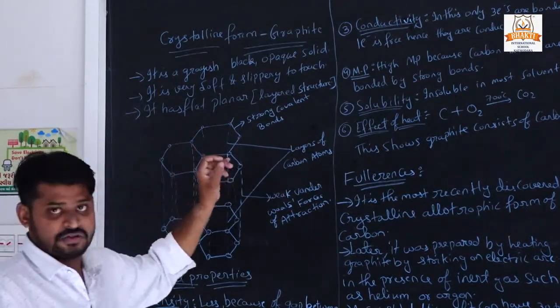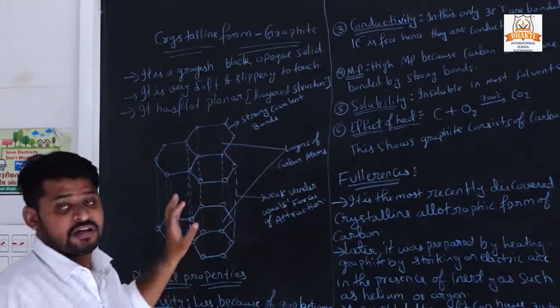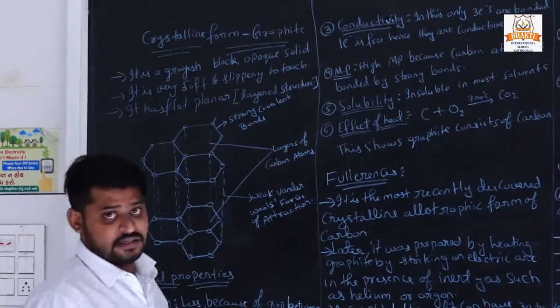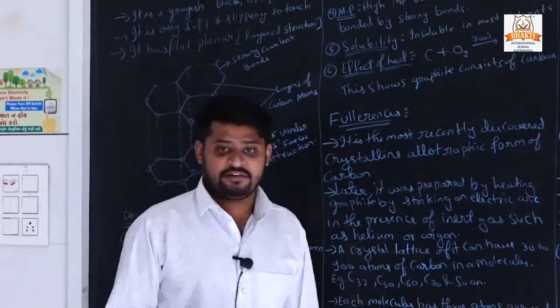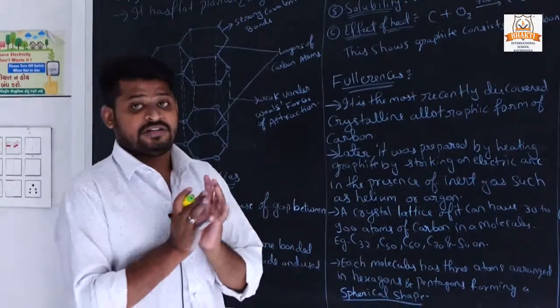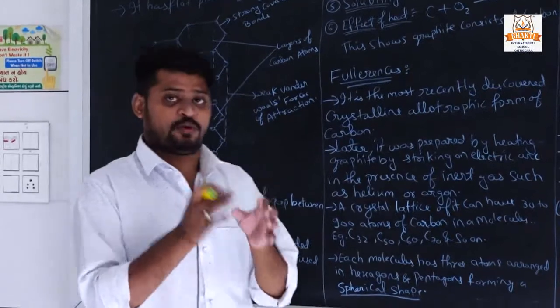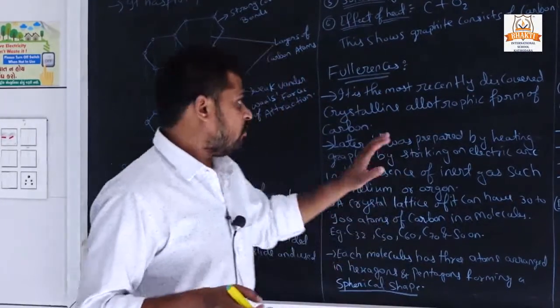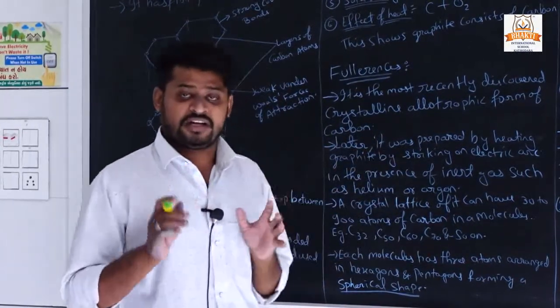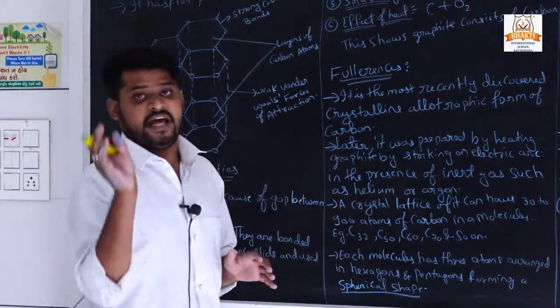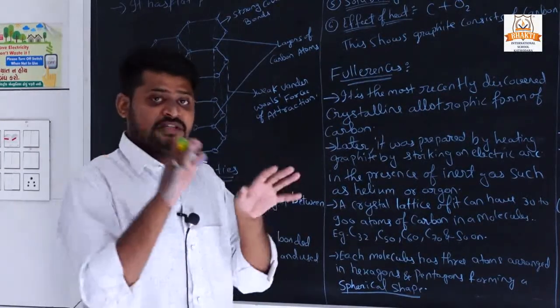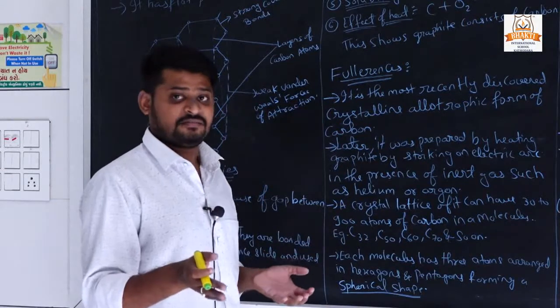Now we are going to study our last type of crystalline form, that is fullerenes. I recently told you that we don't study the structure of fullerenes because it is very complicated and not possible to draw here. And the question is also not asked in the examination to draw the diagram; the question only asks to explain what fullerenes are.